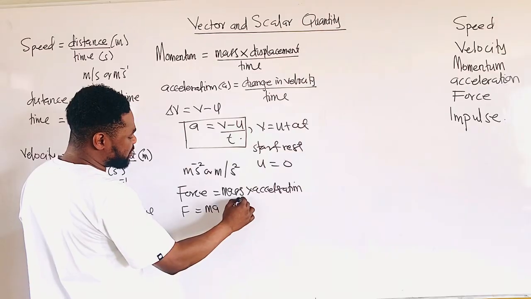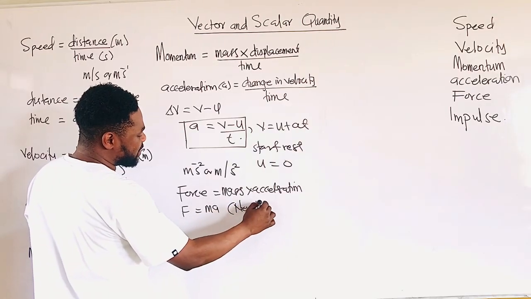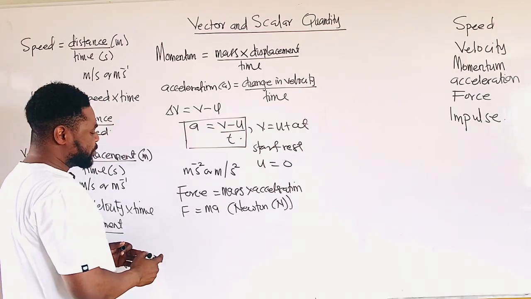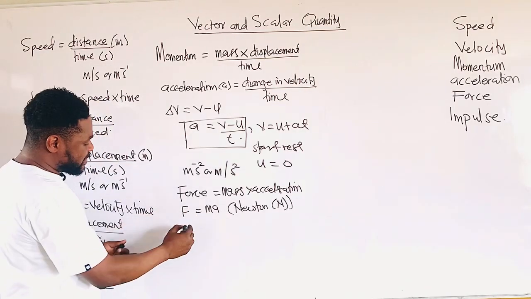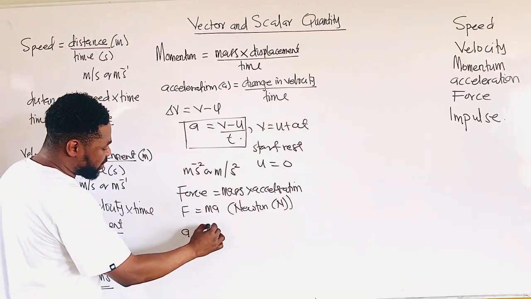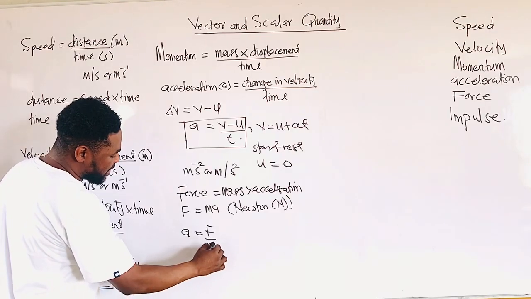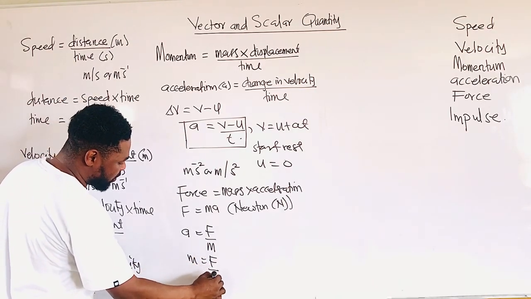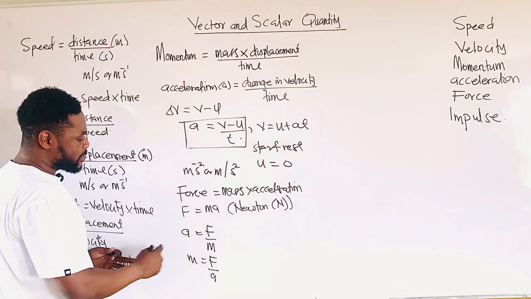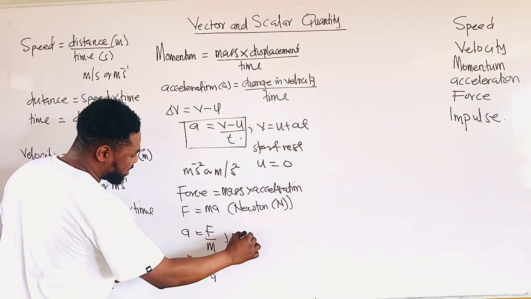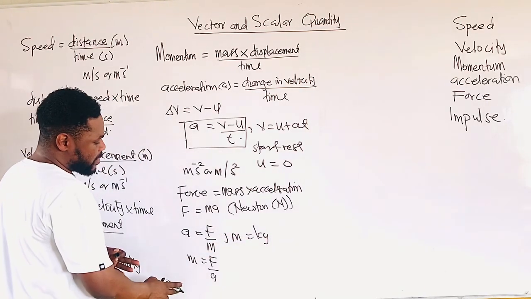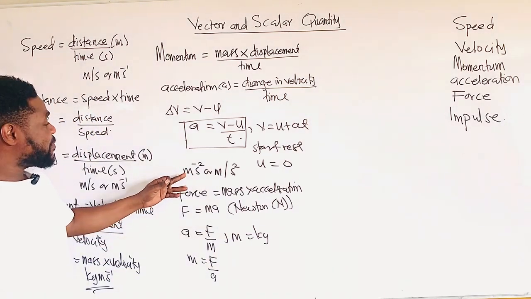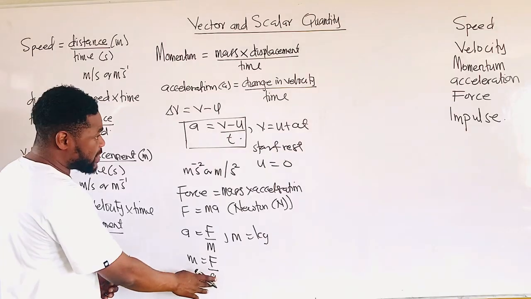And our force is measured in Newton, capital N, as we can see. From this, acceleration will be equal to force over mass, and mass will be equal to force over what? Acceleration. And don't forget, our mass is measured in kilogram, and our acceleration is measured in meter per second squared, as we can see here.